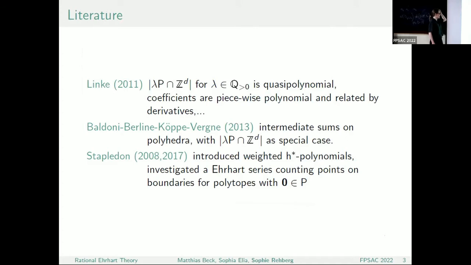There's a paper by Baldoni, Berline, Köppe, and Vergne, who studied intermediate sums, and we can see this counting function there as a special case. And then Stapledon introduced some kind of generating series approach, but he was counting integer points on boundaries of polytopes that always contain the origin. And we will also see that in the rational world, this will be a special property.